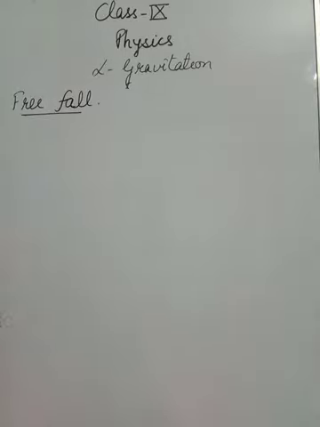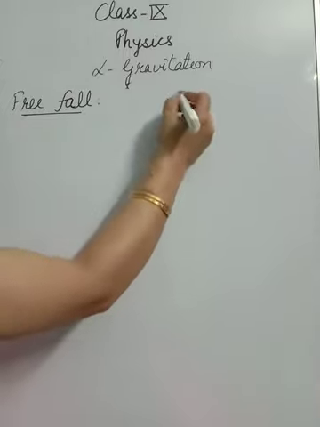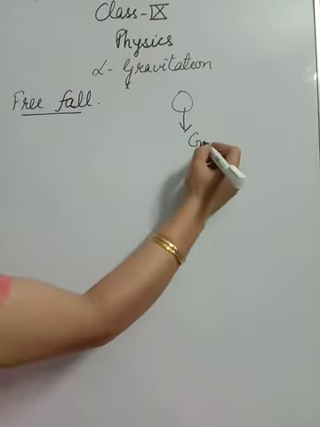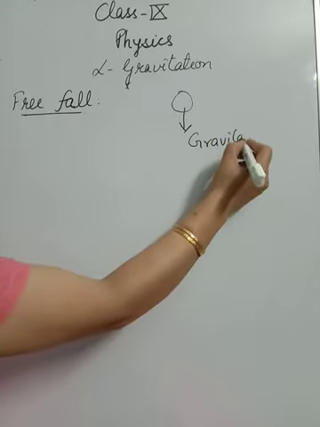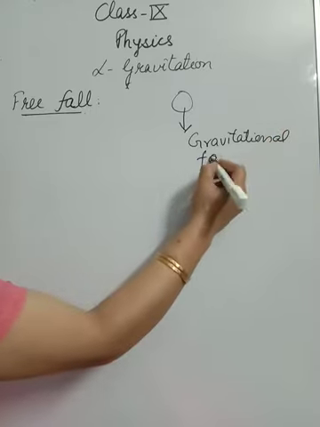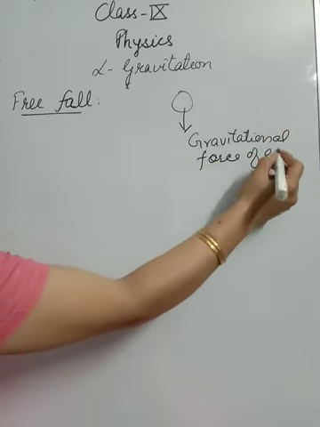So now we are going to find out the acceleration due to gravity. For that we will find out the relation. See children, any object that is moving downwards, this is due to the gravitational force of earth.